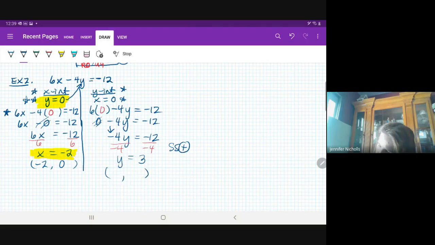And then someone different from Jeremy, can you give me the coordinates? And make sure you use a parenthesis. Thelma, you are right on your coordinates, except you have to put X first.